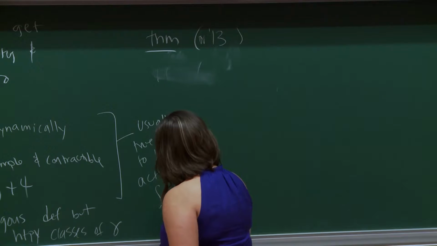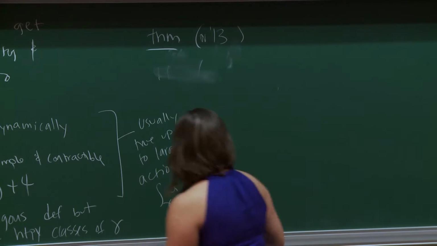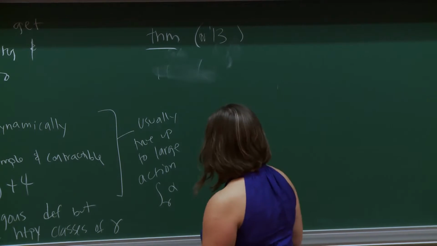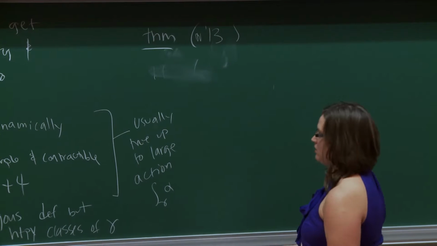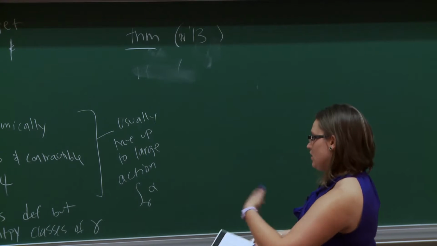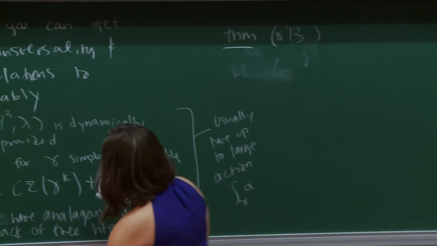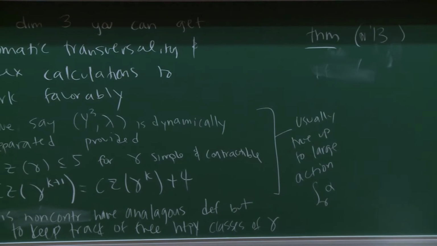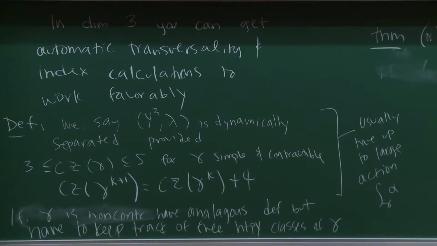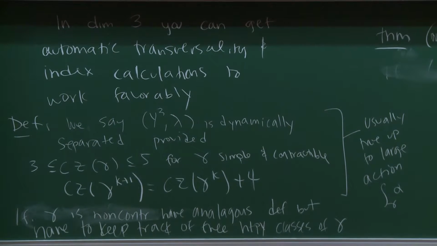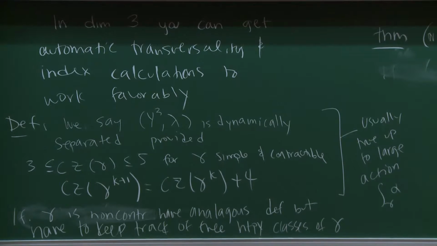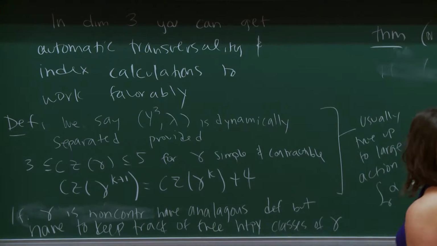And action is the integral along gamma of some Reeb orbit. So by up to large action, I mean for all Reeb orbits of action less than or equal to something, you have this dynamically separated property, and these guys all, for the most part, arise as there's a natural class of perturbations you can put on prequantization spaces, so this is where these guys come from.